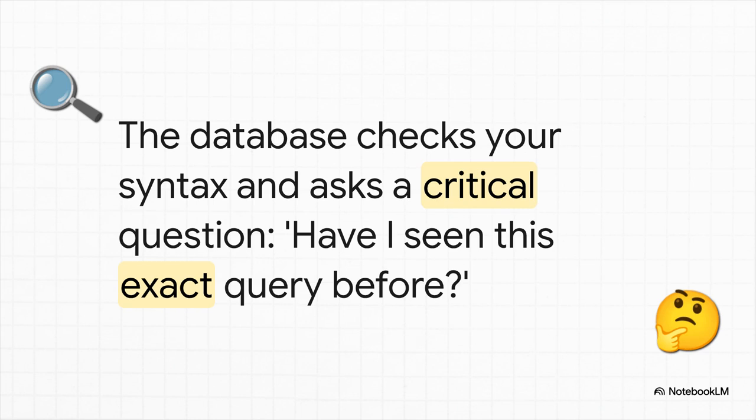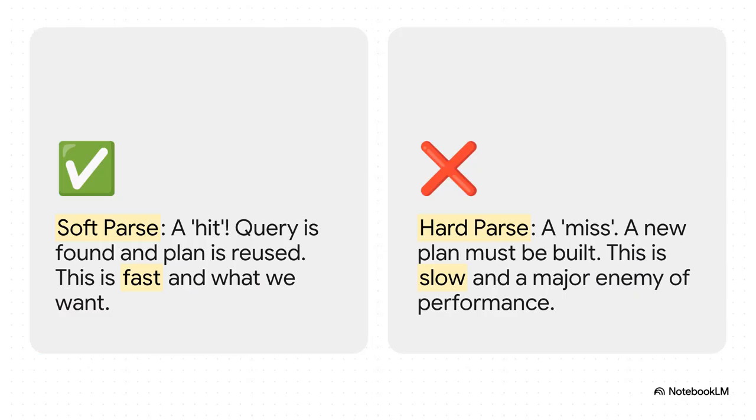So stop number 1, parsing. This is where the database basically does a grammar check on your code. But more importantly, it asks itself a question that changes everything. Hey, have I seen this exact query before? And the answer to that question sends our query down one of 2 very different paths. If the answer is yes, boom, we get what's called a soft parse.